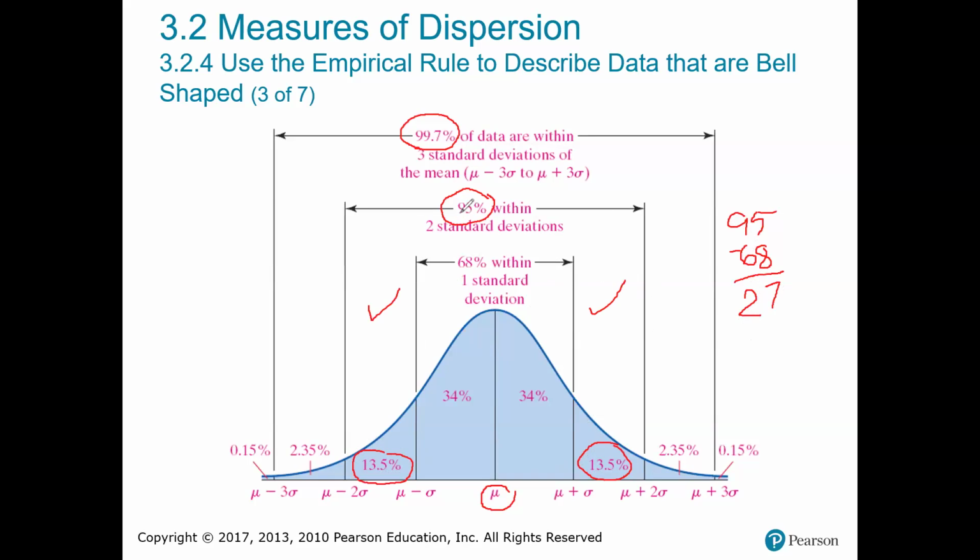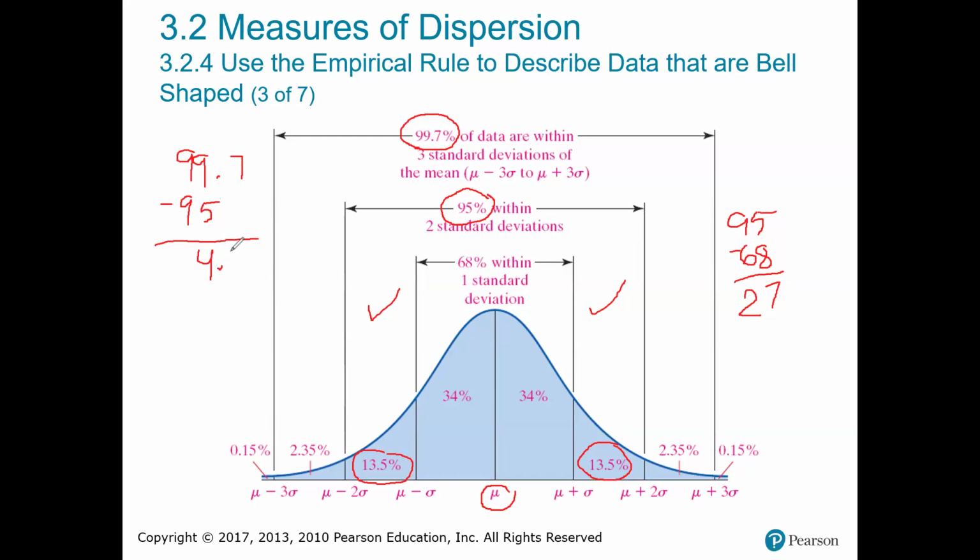Now this rule also says that 3 standard deviations cover 99.7% of the data. Up to 2 standard deviations, it was 95. So if I do 99.7 take away 95, that would give you a difference of 4.7.